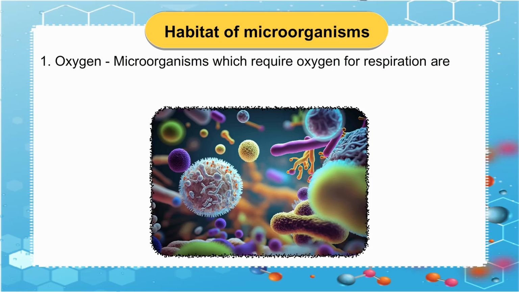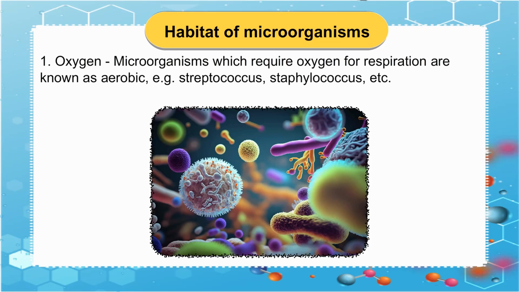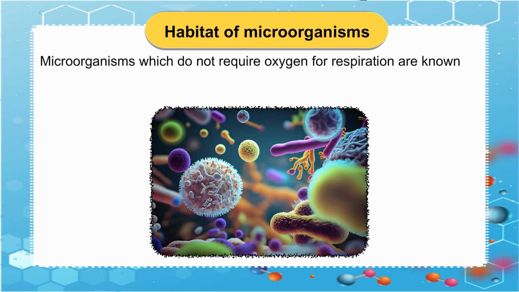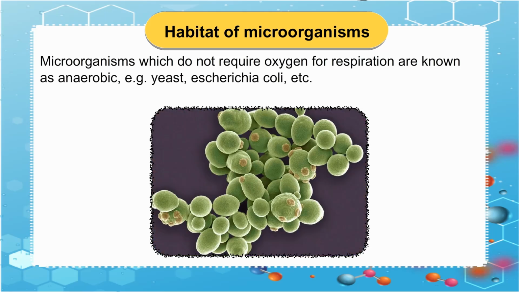Oxygen. Microorganisms which require oxygen for respiration are known as aerobic, that is Streptococcus, Staphylococcus, etc. Microorganisms which do not require oxygen for respiration are known as anaerobic, example yeast, Escherichia coli, etc.